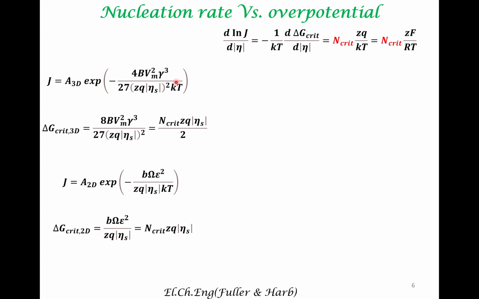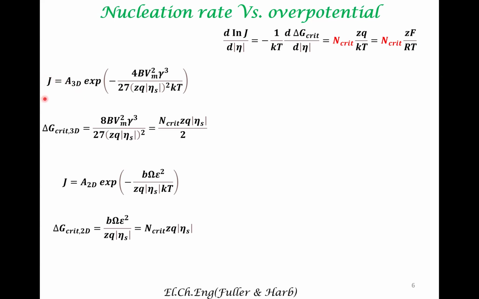Via some models, either 2D nucleation and growth or 3D nucleation and growth, we derived expressions for delta G. Using these expressions, when we have J plotted against overpotential or square of the overpotential, we can get an idea of n critical, because delta G is connected with n critical.